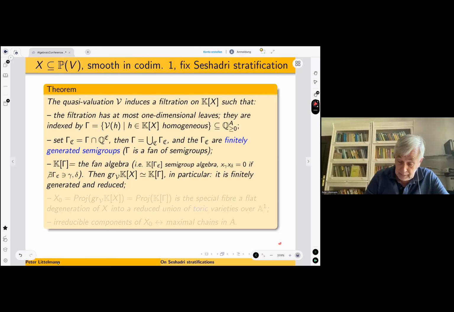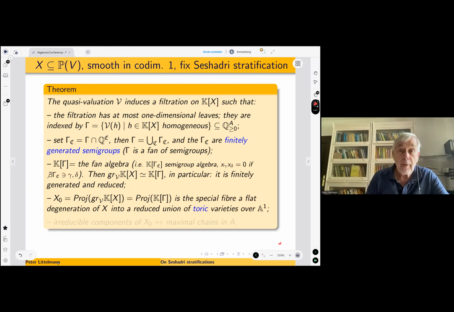And last but not least, there is also a geometric way of seeing it. Namely, we can define a flat degeneration of X such that the special fiber is actually the Proj of this associated graded algebra.